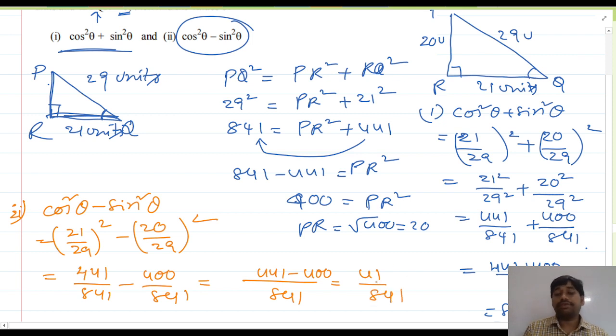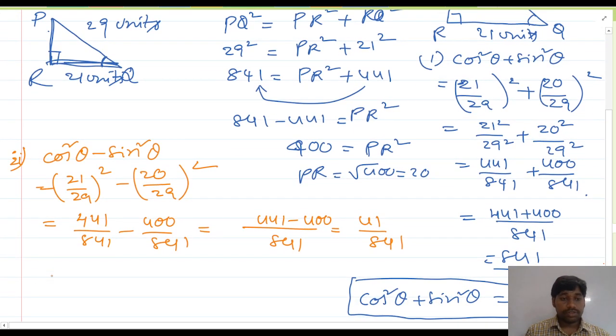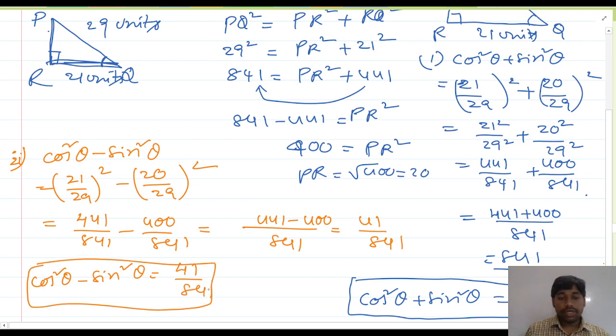Don't cancel 41 by 41. The answer is that cos square theta minus sin square theta is equal to 41 upon 841. Okay, so this is our answer.